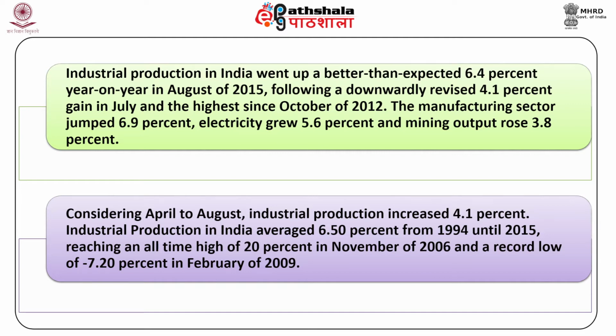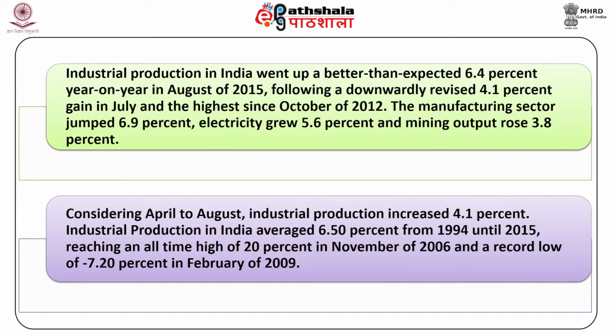The manufacturing sector jumped 6.9%, electricity grew 5.6%, and mining output rose 3.8%. Considering April to August, industrial production increased 4.1%.